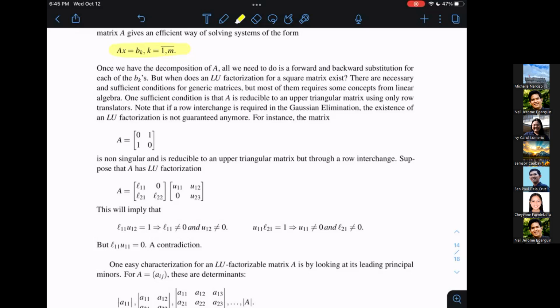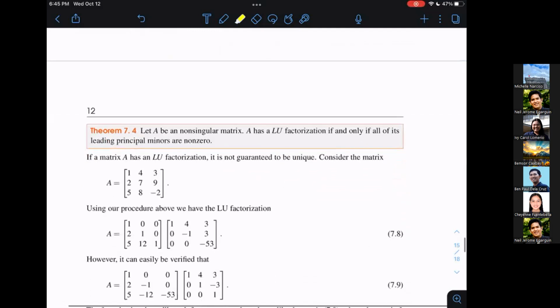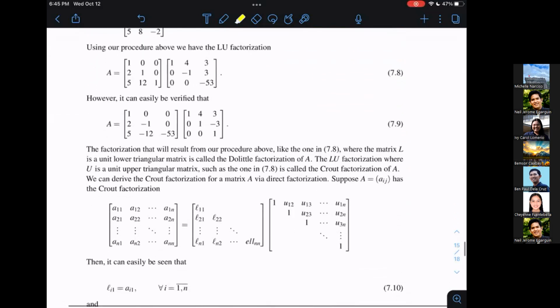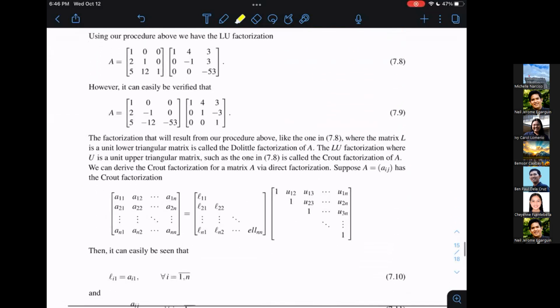Yeah, please read through the rest of the module because here I discuss an alternative way on how to do this. Ito na yung mas mechanical na definition. I hope you can go through this part. So this discusses the Doolittle factorization and the Crout factorization. Pinagkaiba lang naman nila sino yung upper at saka sino yung lower, sino yung unit triangular matrix.